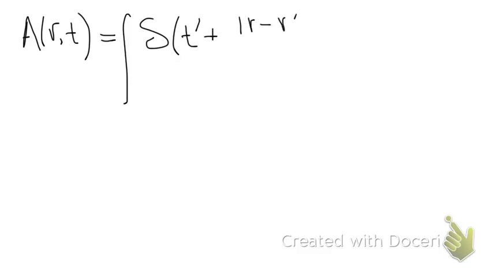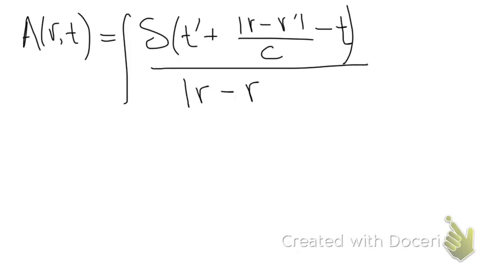So A of r, which is again also going to be a vector, and t, it's a scalar, is equal to the integral, again I'll have my Dirac delta function of t prime plus the absolute value of r minus r prime over c minus t, all of this over the absolute value of r minus r prime, and then I have over here my current density J that is going to depend on r prime and t prime, over c, and the integral is over my space and time, so d3 r prime dt prime.